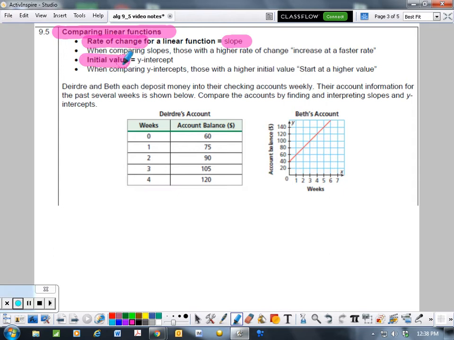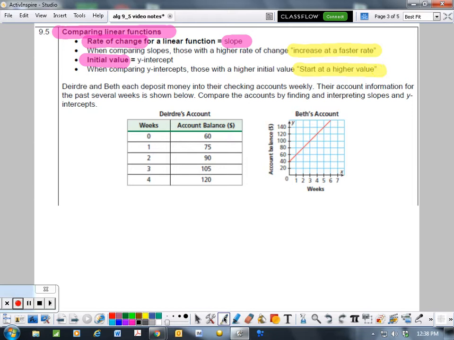When comparing y-intercepts, those with a higher initial value start at a higher value. So these are just key words that we use to describe what's happening. Increasing at a faster rate or decreasing at a faster rate, starting at a higher value or starting at a lower value. And so we use this to compare situations.